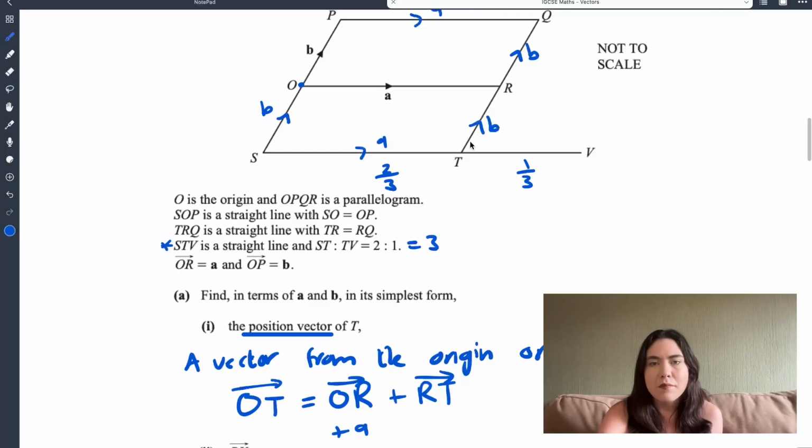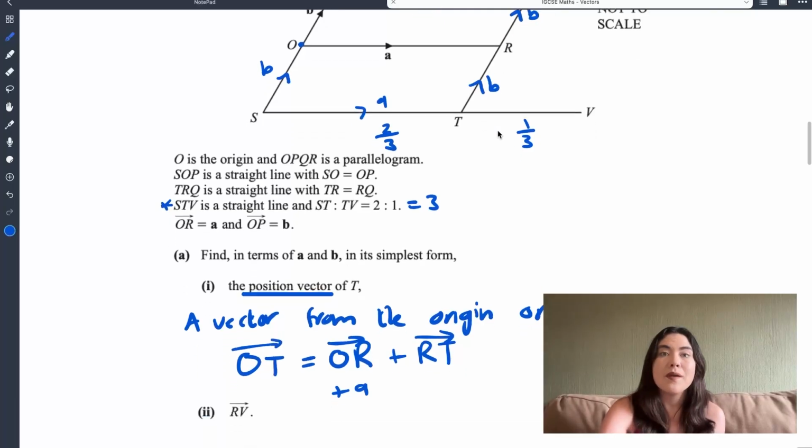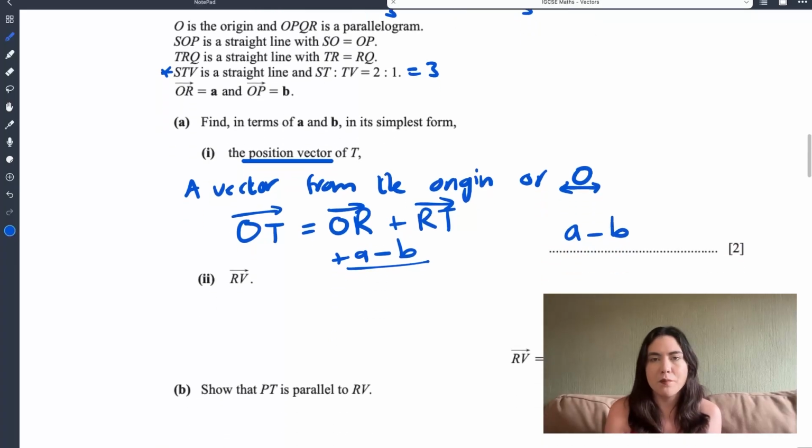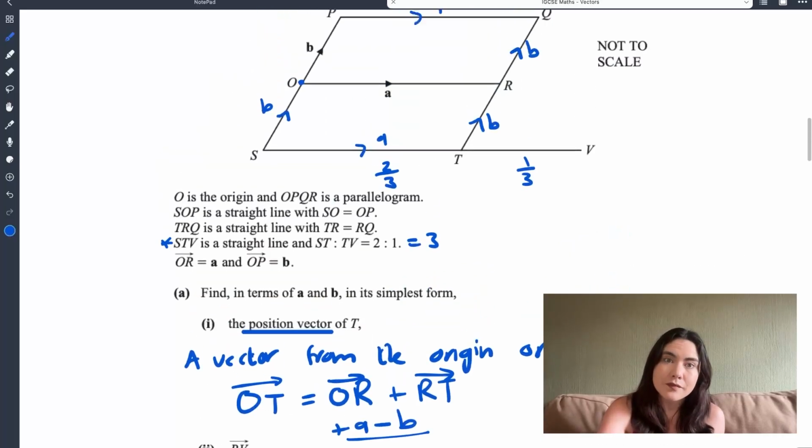R to T means we're going backwards. Now, what do you think that means? It means that yes, the magnitude is B, but this time the direction is negative because we're going the opposite direction. All right, and that is our vector, A minus B. All right, you don't have to, again, put the positive by the A. So now we're going to try and figure out R to V, okay?